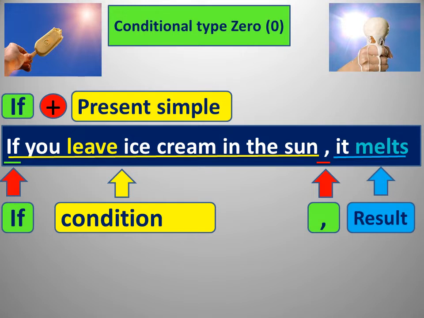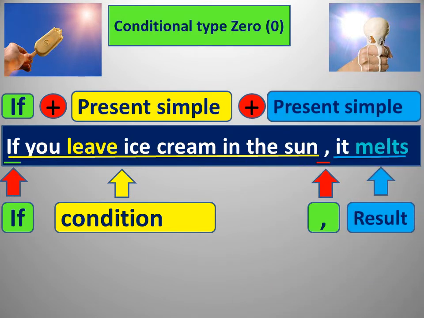Okay? If you leave ice cream, plus present simple, which is the verb it melts. It is also conjugated in present simple. Okay, so the form is if plus present simple plus present simple.